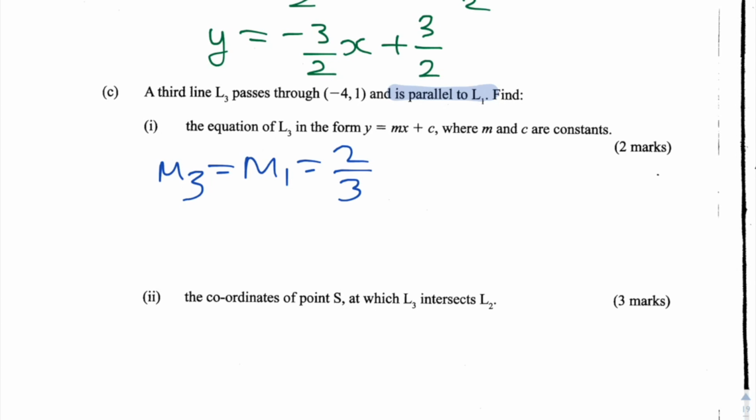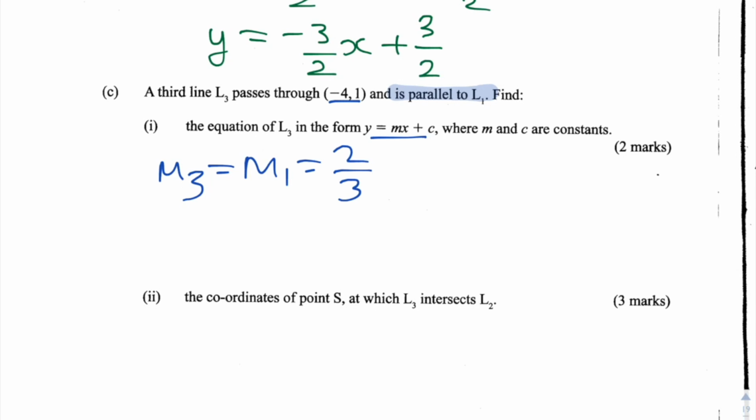So to find the equation of L3 in the form y equals mx plus c, we first need to substitute the point that L3 passes through, (-4, 1), for x and y in y equals mx plus c. That will give us c, or the y-axis intercept. And then, as we already know m, we can put those together to find the equation for L3.